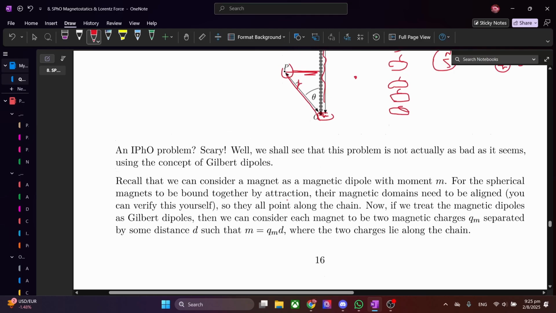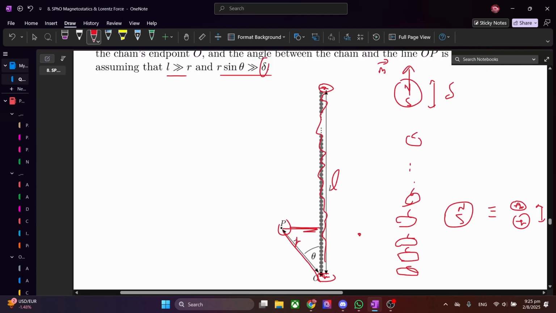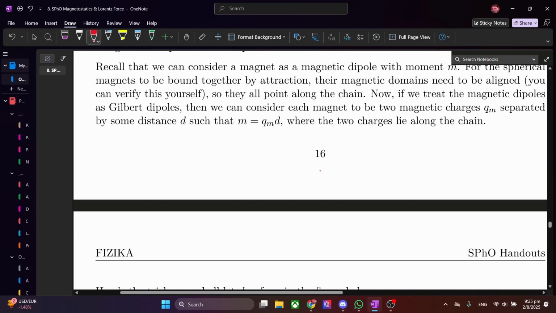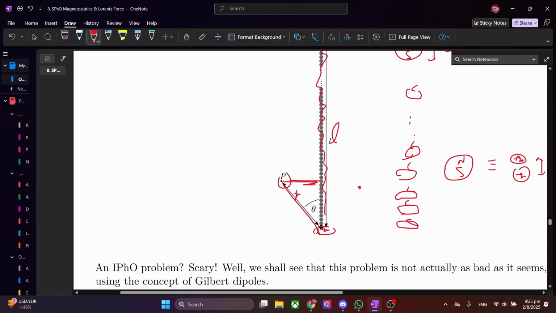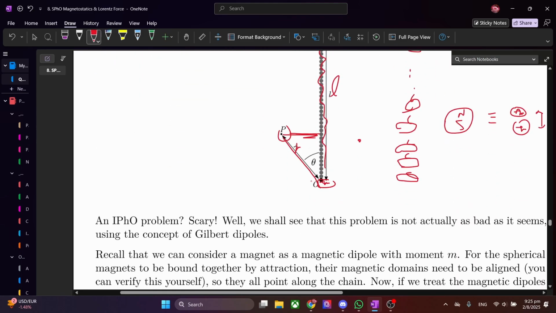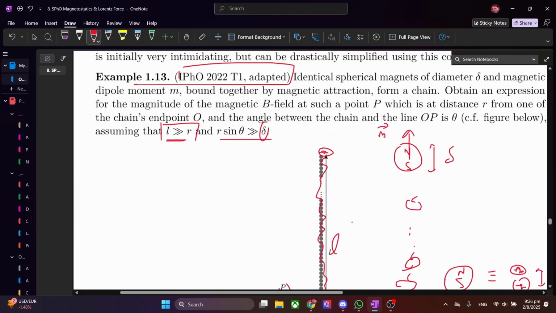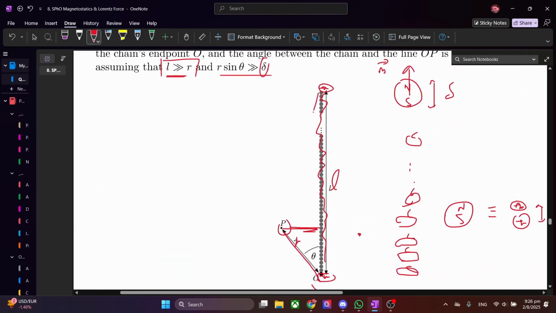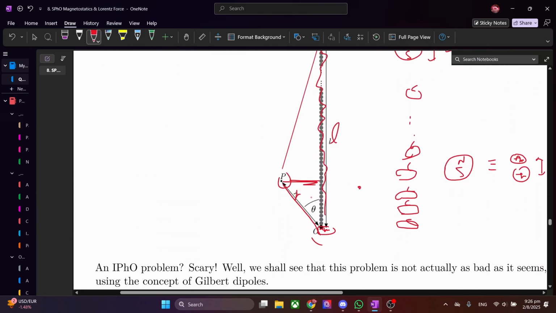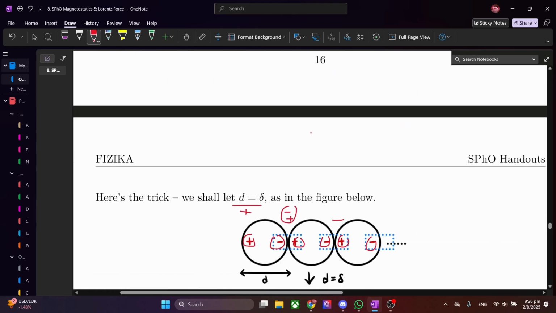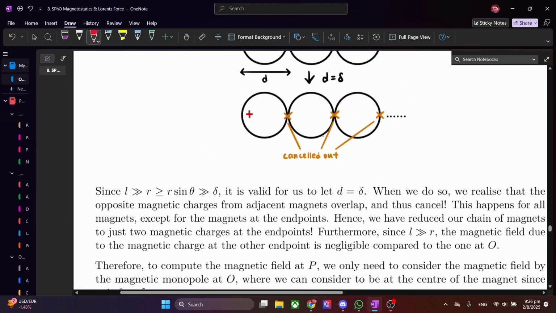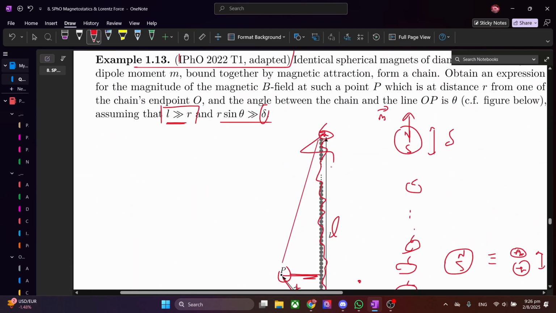So all that's left to do to calculate the magnetic field, since the magnetic fields by each of these magnetic monopoles have cancelled out, is to find the magnetic field by both of these magnetic charges, and actually technically only one of them, because another assumption here is that this L is much greater than R. So this length is bound to be much more compared to this, which means that because they follow an inverse square law, this thing is going to be basically negligible.